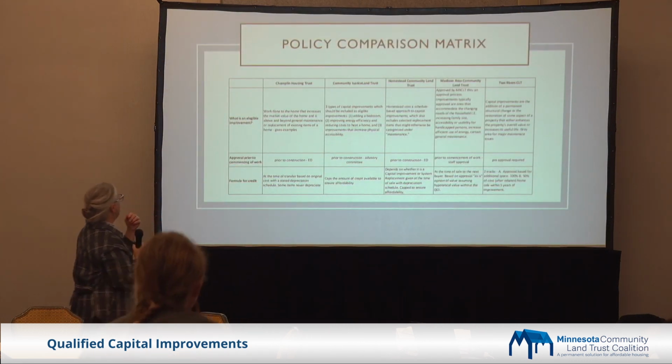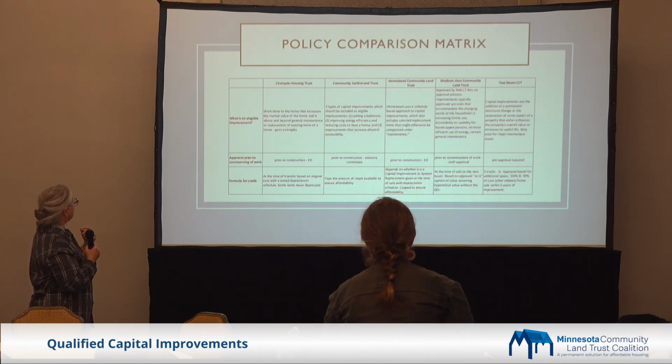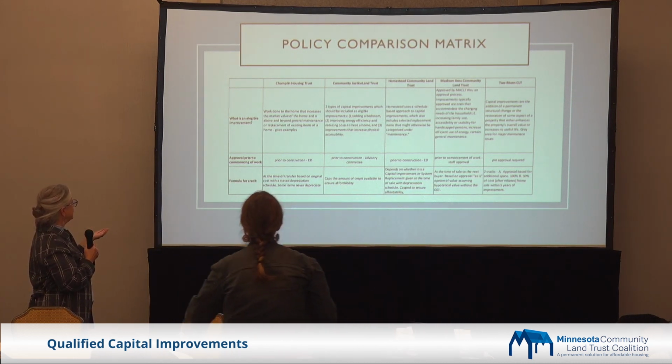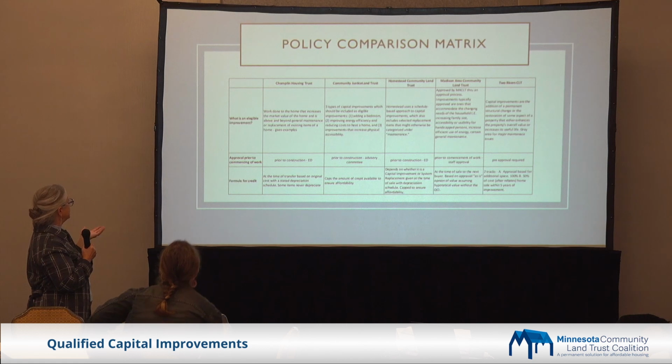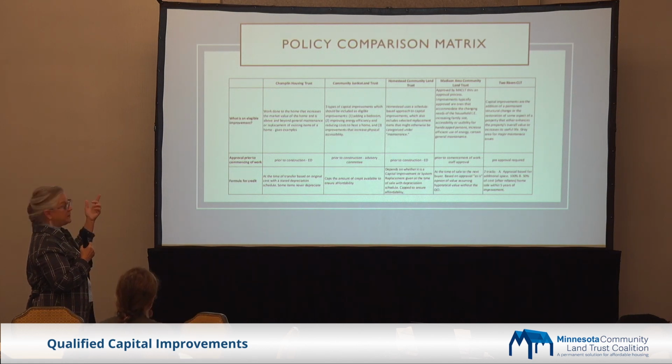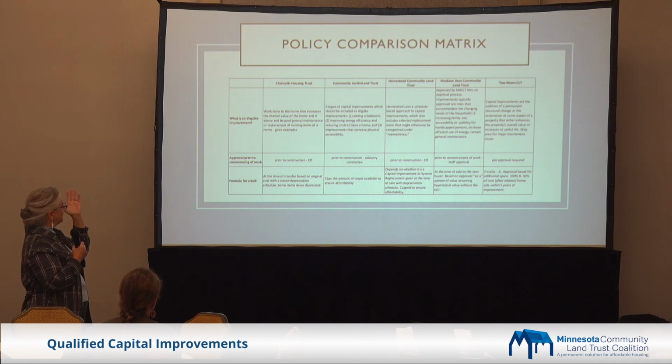From work done to the home that increases the market value and is above and beyond general maintenance or replacement of existing items. And then Champlin, they give examples of that. So they're very clear on, you know, this is something that adds additional value. It's not replacement. It's not general maintenance. The Community Justice Land Trust went with 3 types of capital improvements. They specifically say if you're adding a bedroom, that's a capital improvement.